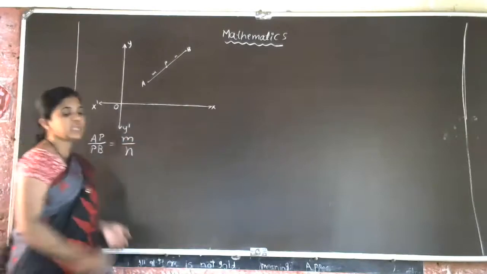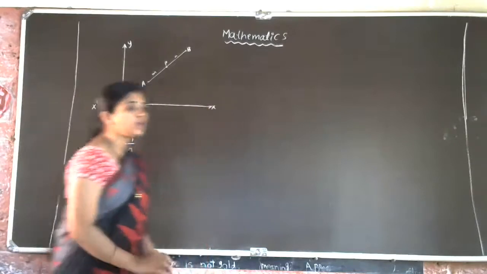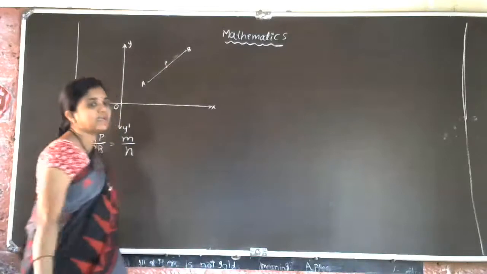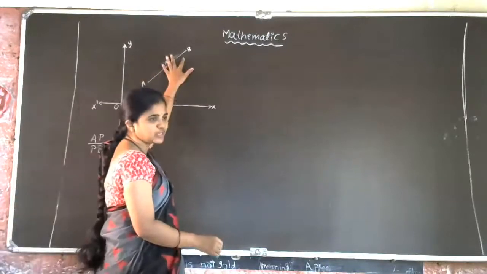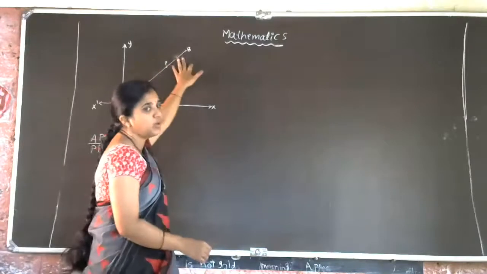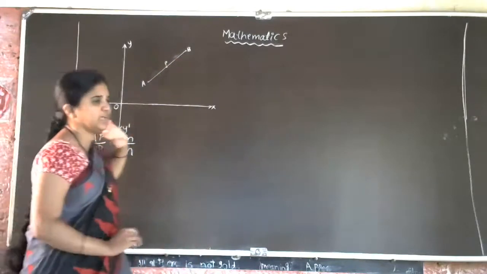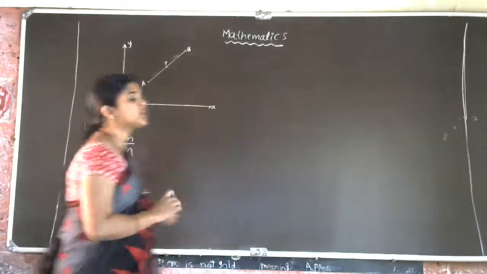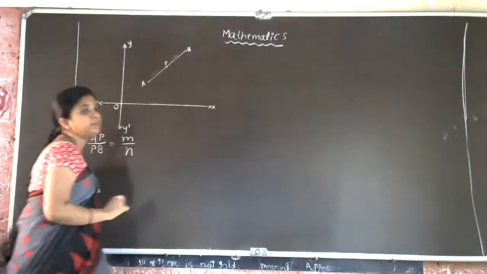You can also take the ratio as M1, M2; in the textbook, it is M1/M2. But here I am going to take M and N. Whatever you like, any letters you can choose for the ratios.